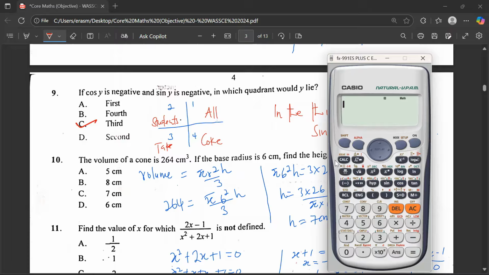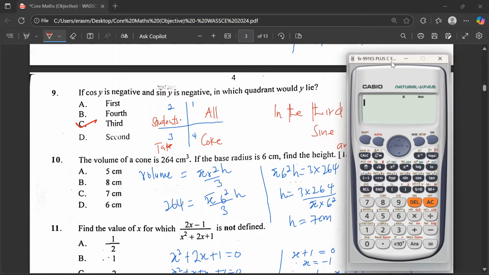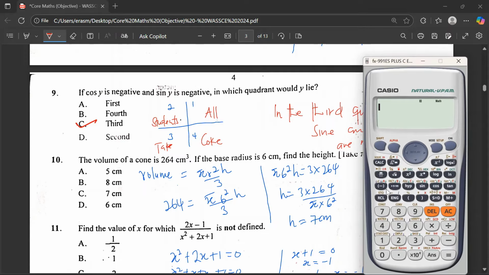And then we are going to see, let me shift it here. And then we are going to enter 3 times 264 all over shift pi times 6 squared.